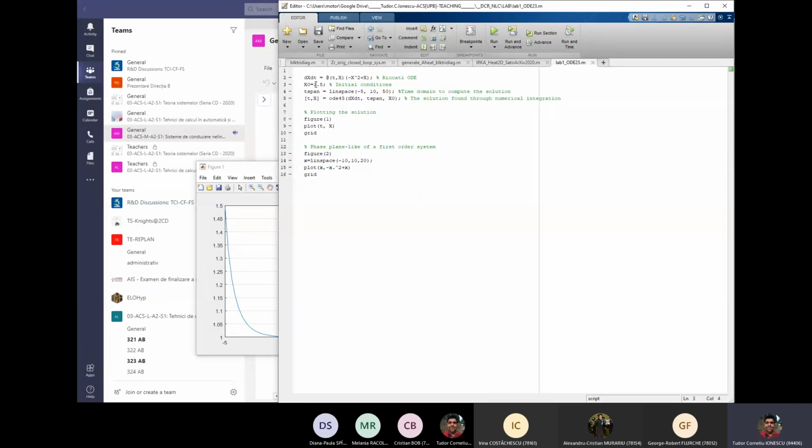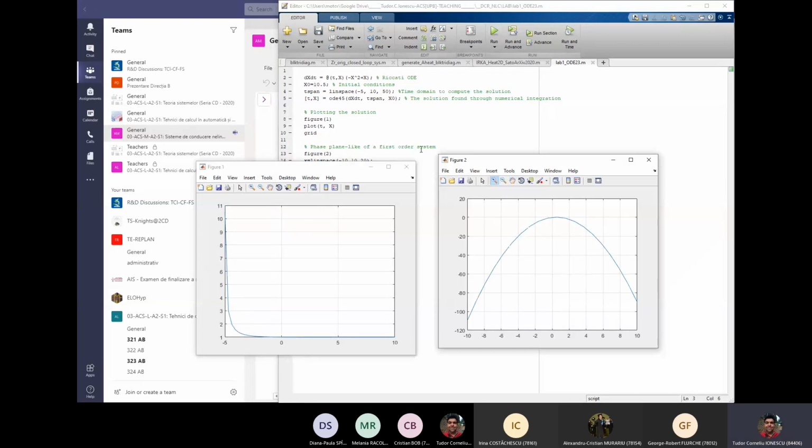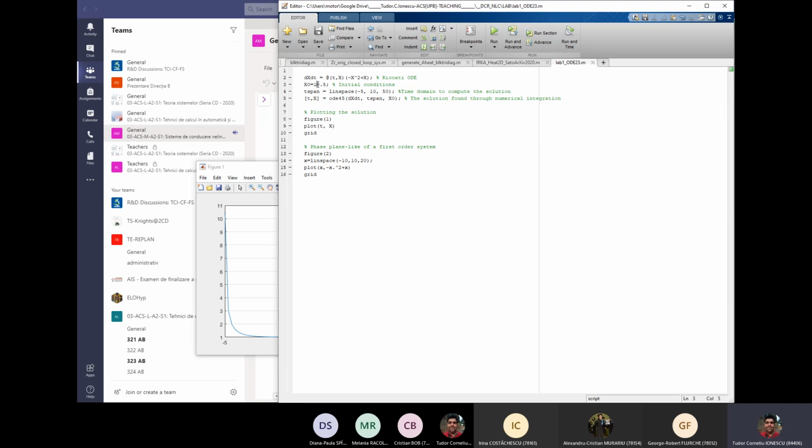Now, if you go really far away, again, what happens? Nothing happens. So apparently 0 in this case is a stable equilibrium point. 0 wasn't stable in the previous case, x squared minus x, but 0 is a stable equilibrium point in minus x squared plus x.